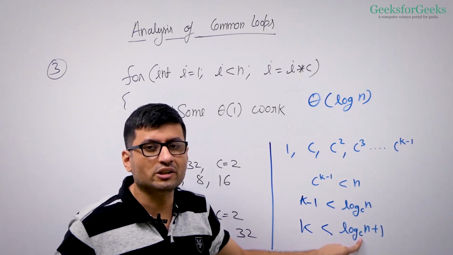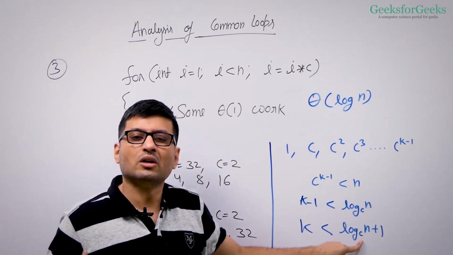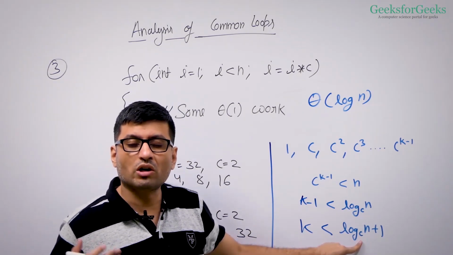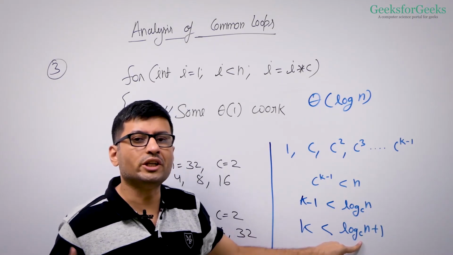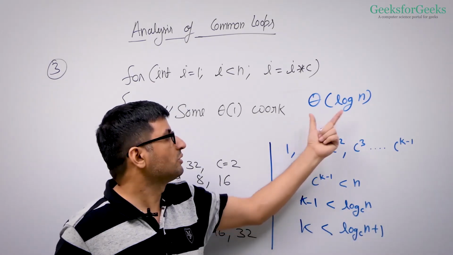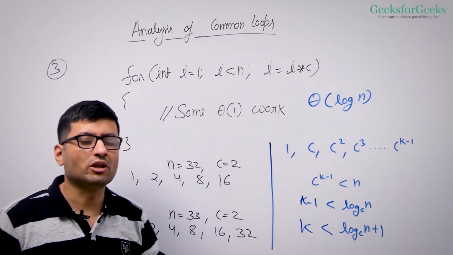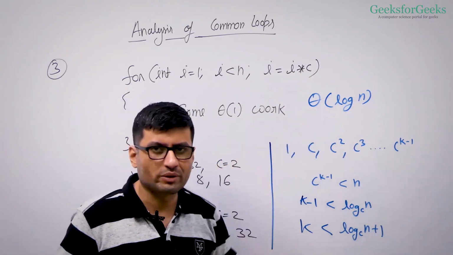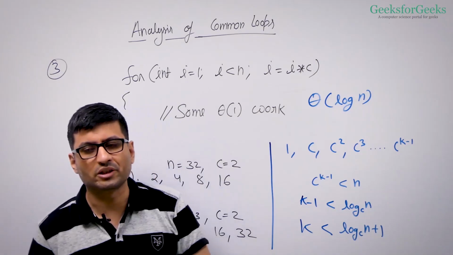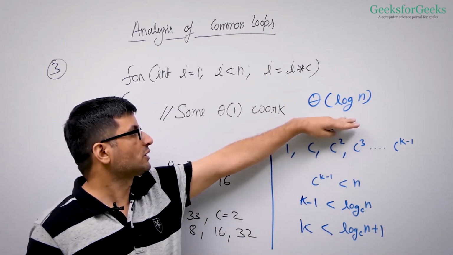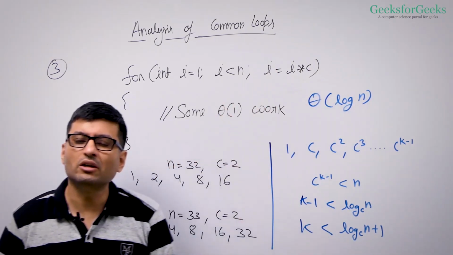And in asymptotic analysis, in order of growth analysis, constants do not matter. Lower order terms do not matter. Constants of leading order terms also do not matter. So we say order of growth of this is theta log n. The base of log does not matter. It can be 2, it can be 10, it can be 100. So the order of growth of this particular loop is theta log n.